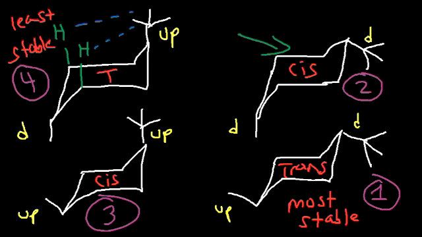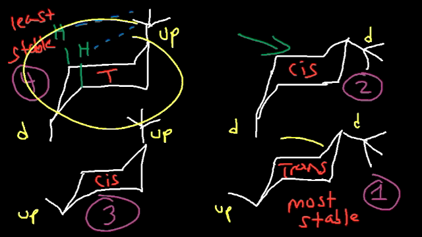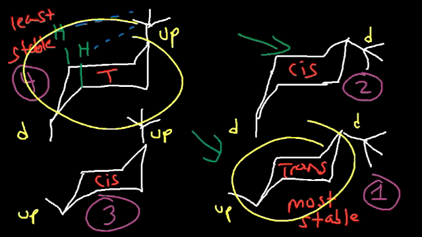Now, if the question asks you to draw the most stable chair conformation of trans-1-tert-butyl-4-methylcyclohexane, you're only looking at these two, and the most stable one out of those two is this one. That's why you need to know which one is cis and which one is trans.